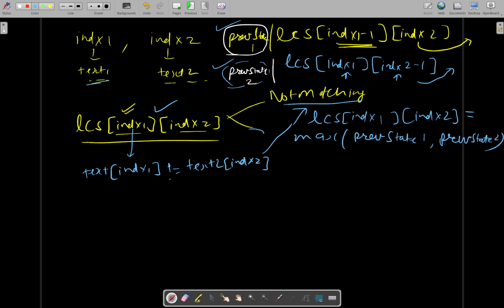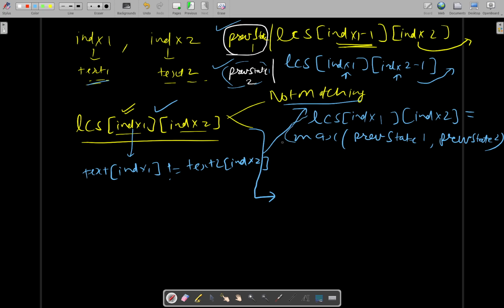So in case, let's say, also even in case of matching, if the characters are matching, even then you can decide to take the maximum of these two.